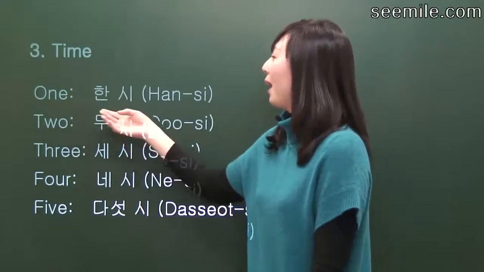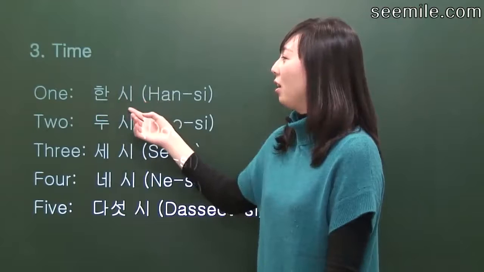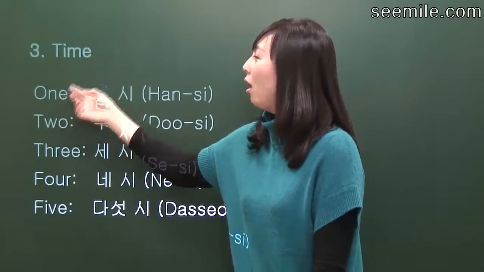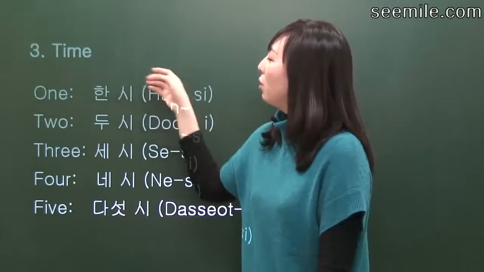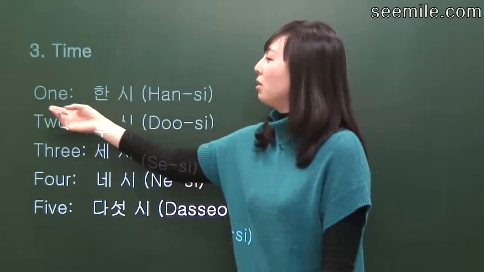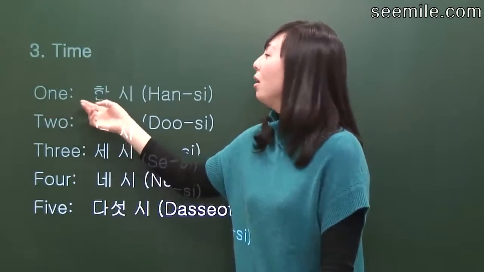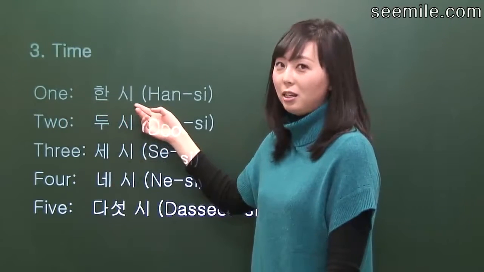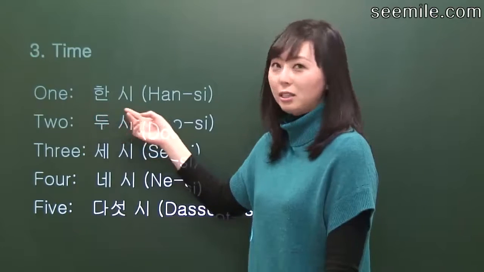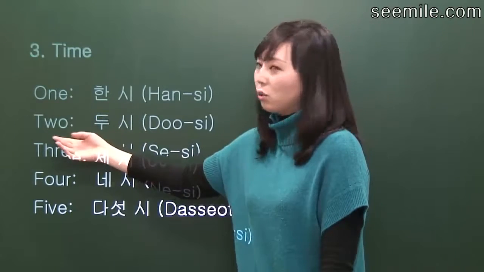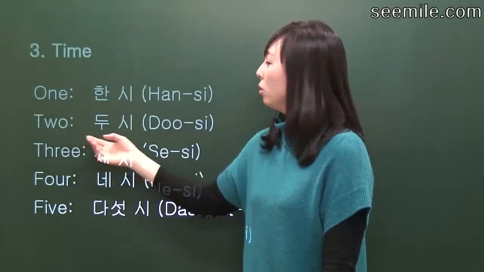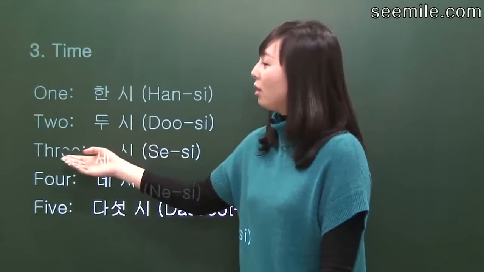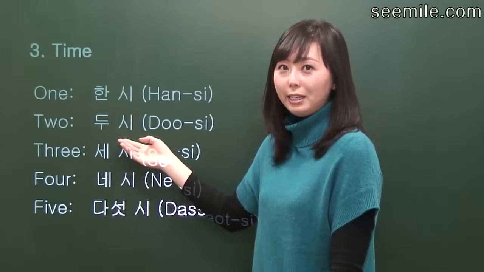And one, 한. Time, o'clock, 시. So 1 o'clock, I just removed a clock, but it means 1 o'clock anyway. So 1 o'clock, 한 시. And next one, 2 o'clock, 두 시.